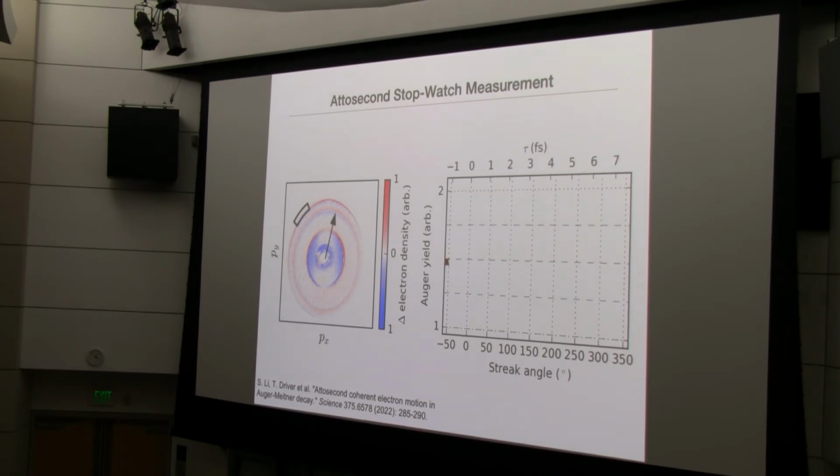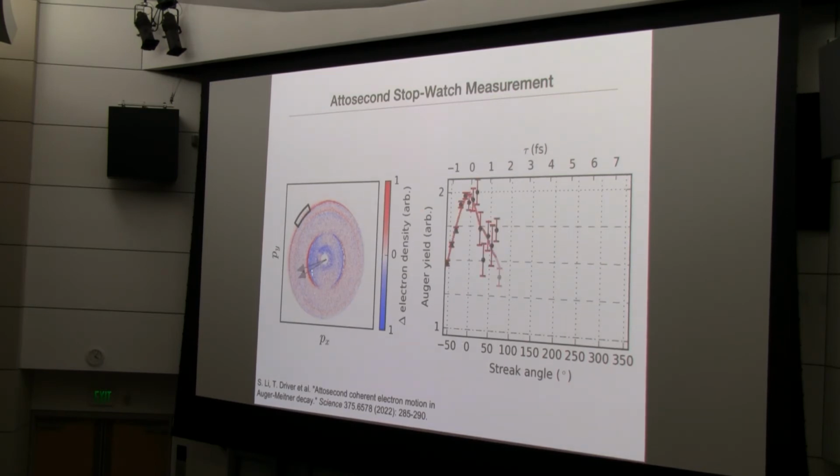And then there's this beautiful animation from Taran that shows, as a function of the streaking direction of the nitrogen electrons, which means as a function of the arrival time of the X-rays, how many electrons do I have here? And you see, of course, this fast decay. But it's not just a boring exponential decay. You actually see a little oscillation on top of this. And this is already a big step in the direction of can we measure electronic coherence with this stuff?